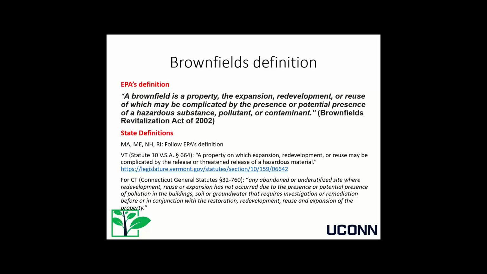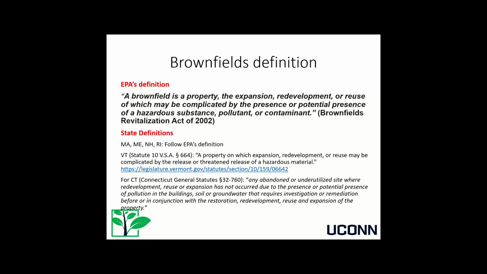EPA's definition, which applies nationally, is a property, the expansion, redevelopment or reuse of which may have been complicated by the presence or potential presence of a hazardous substance, pollutant, or contaminant. So that is the federal definition of a brownfield site, and then we also have the state definitions.